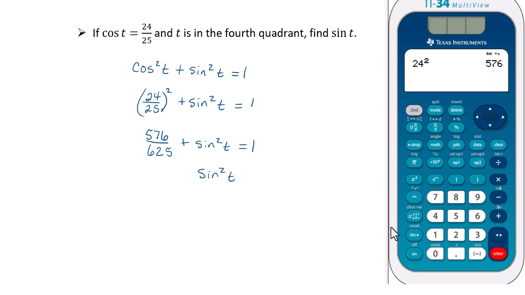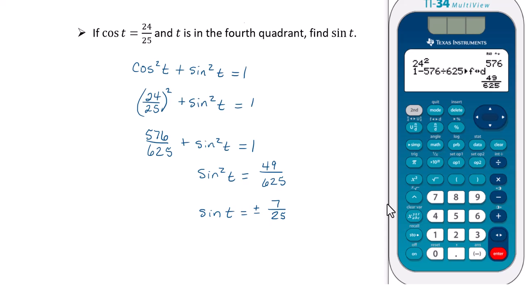Then when I subtract 576 over 625 from 1, and make sure that we keep that in fraction form, I get 49 625ths. Now, taking the square root, I'm going to have sine of t is equal to plus or minus square root of 49 is 7, square root of 625 is 25.